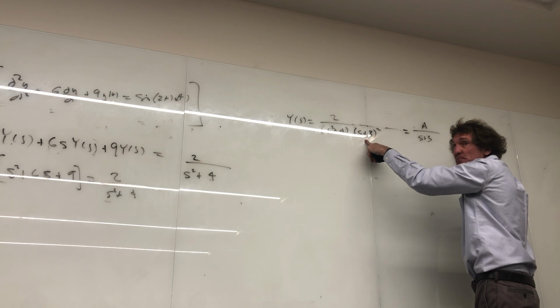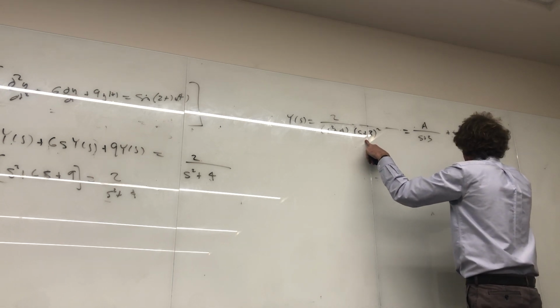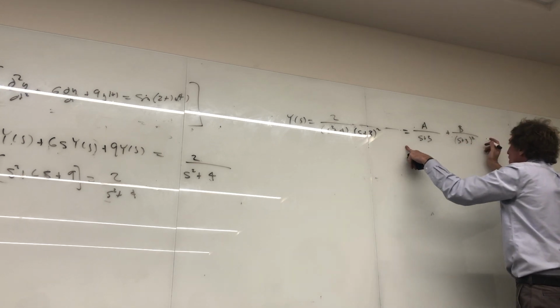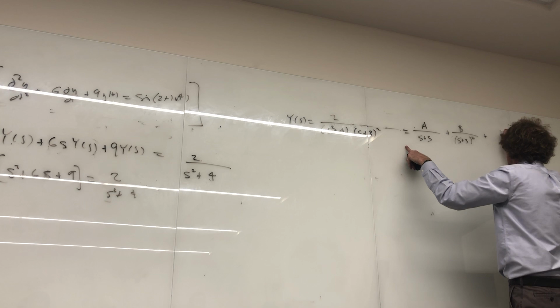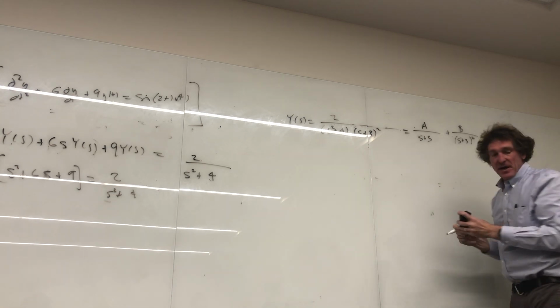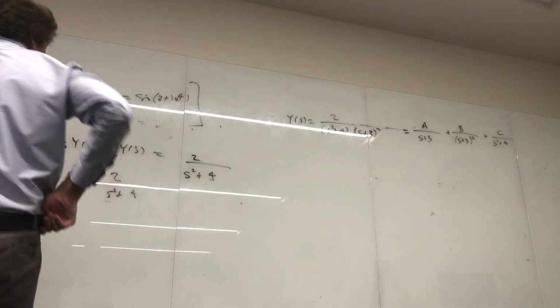Then b over s plus 3 squared. Then c over s squared plus 4, and I'm going to show you how to do this one. I'm going to expose you to a few things when I'm doing it.